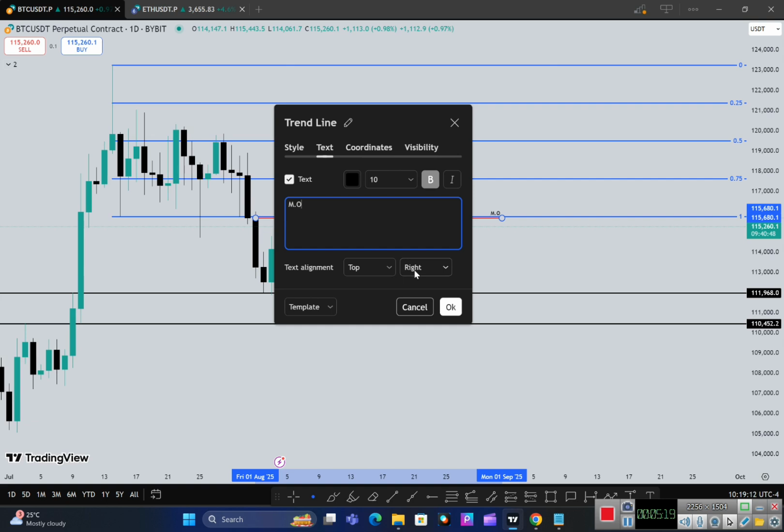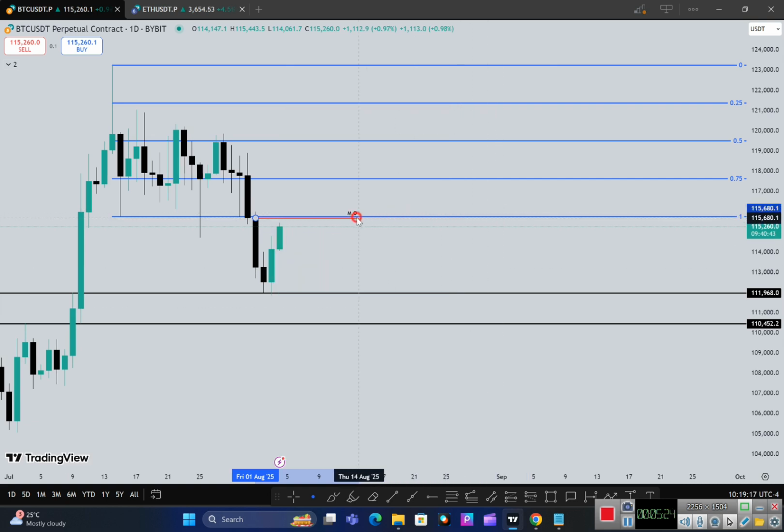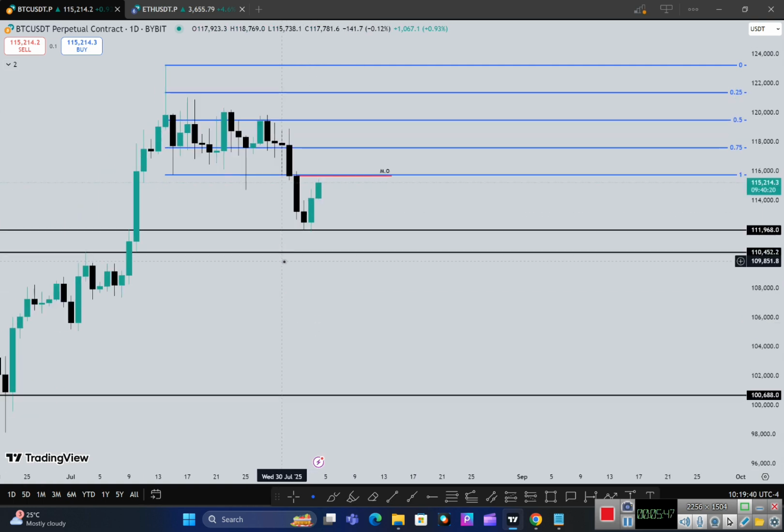Usually in monthly candles and weekly candles, in the first few days price goes in the opposite direction: if it's bullish, it goes downwards and below the open, then once it reclaims the monthly, quarterly or weekly open, it goes higher and closes the monthly as a bullish candle.